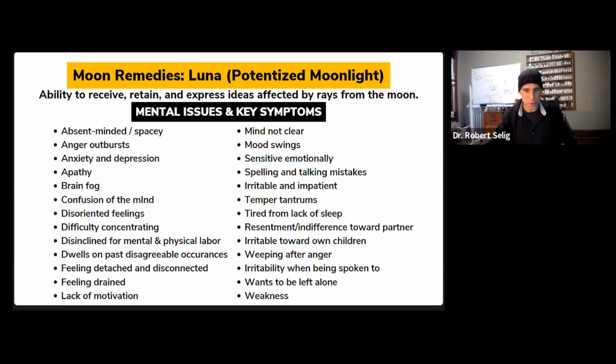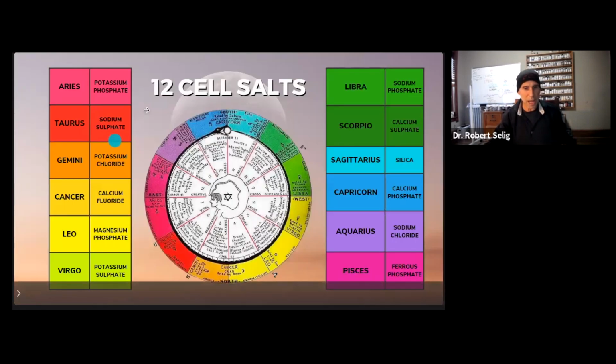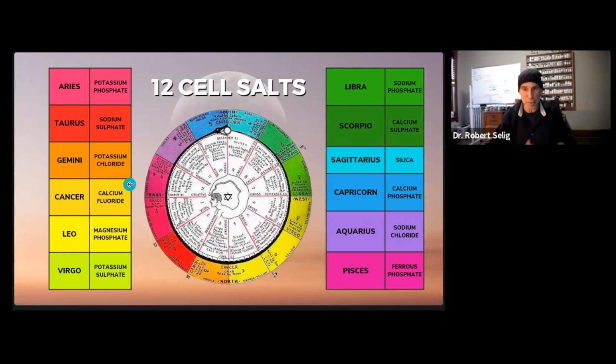We'll restore this. Okay, so we're talking about how we can use these cell salts from an astrological perspective, from an acute perspective, from a chronic perspective, from a mineral balancing perspective, from an organ support perspective. So there is no limitation on how we can use these salts.